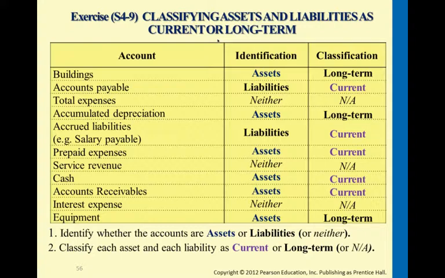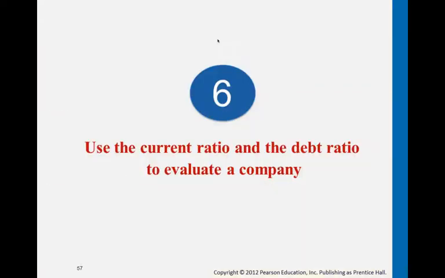Okay, once you know what is short-term and long-term, this is also useful for the last part of the chapter. Besides looking at financial statements, the performance just by its number for each and every account, oftentimes users of financial statements also do some analysis with the numbers. So instead of just looking at the numbers themselves, of course that has all the information there, but they often use some of the ratios.